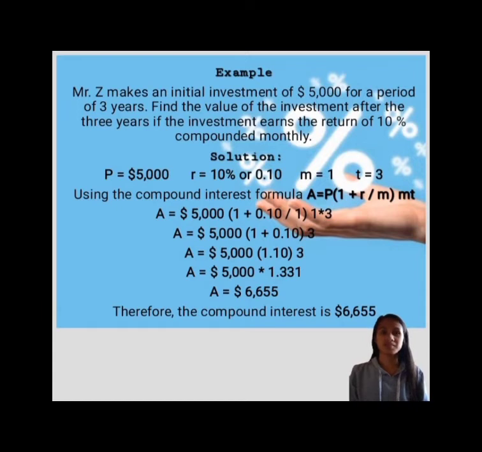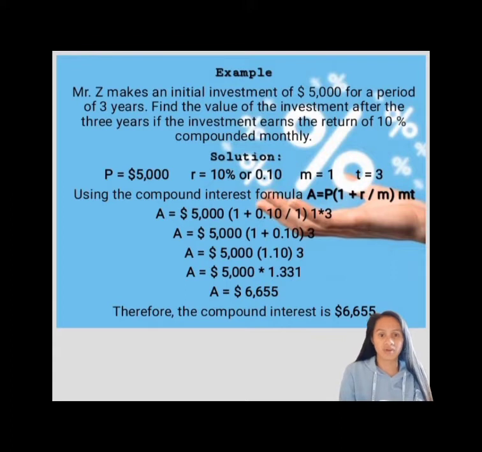Example: Mr. Z makes an initial investment of $5,000 for a period of 3 years. Find the value of the investment after 3 years if the investment earns a return of 10% compounded annually. In this case, our P is equal to $5,000, R is equal to 10% or 0.10, M is equal to 1, and T is equal to 3 years.